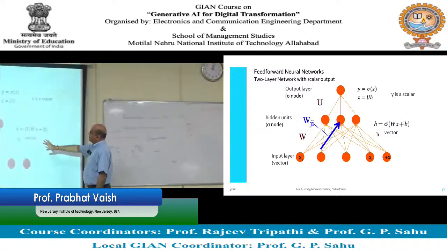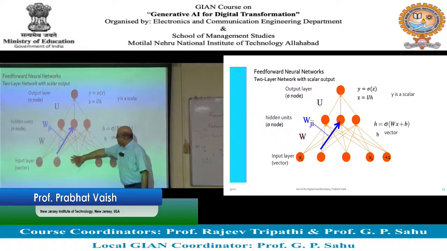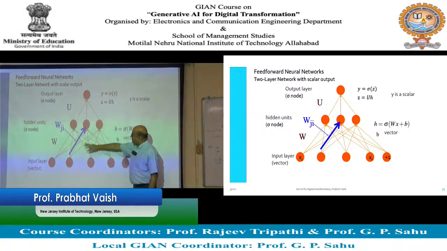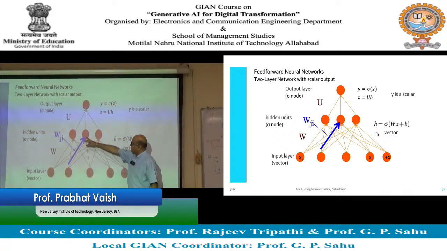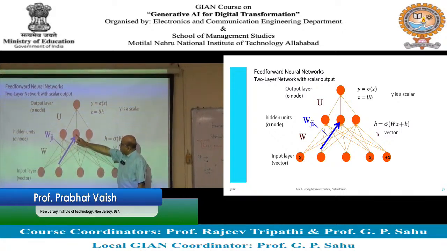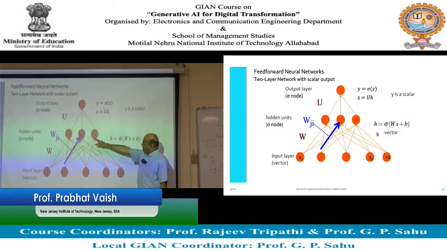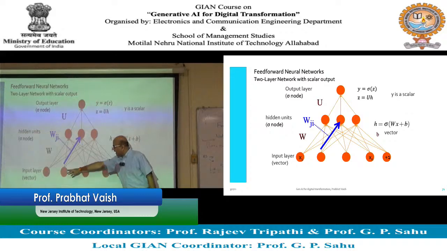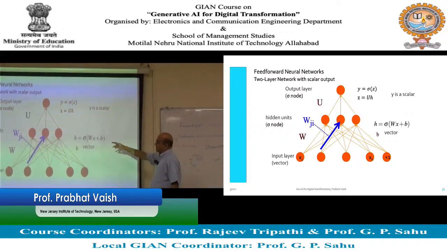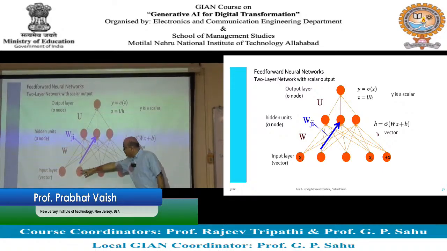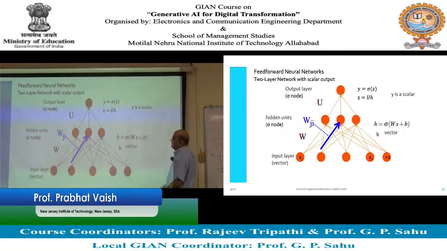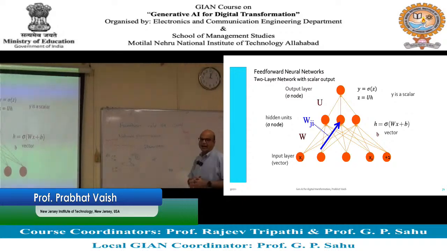So from a single neuron we went to the layers, and when we have the layers, the weights were like a vector. Those vectors will become a matrix here, and each element Wji of the matrix says the weight for the jth neuron from the ith neuron, the weight from the neuron in the jth layer due to the output of the neuron in the ith layer.